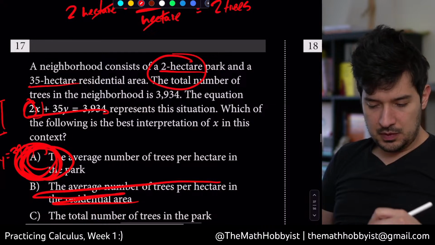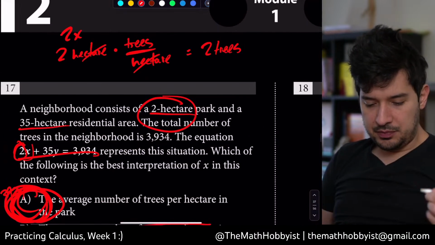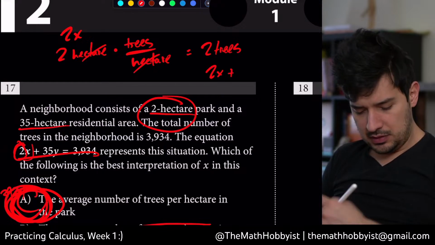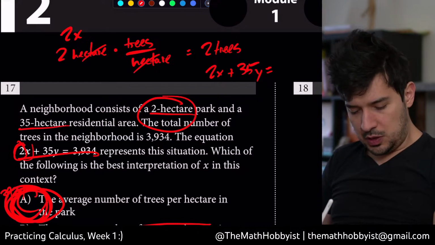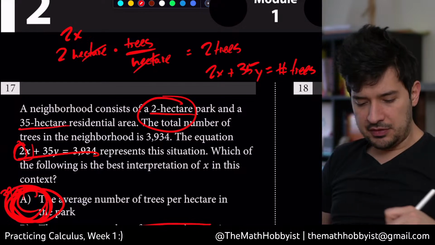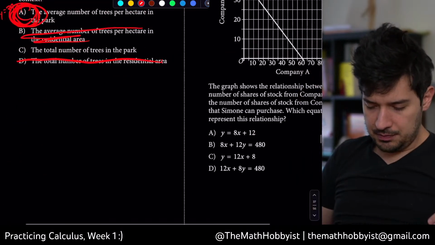That would be 2x. And then we want 2x plus 35y to equal the total number of trees. So, yeah, it makes sense that it should be the average.